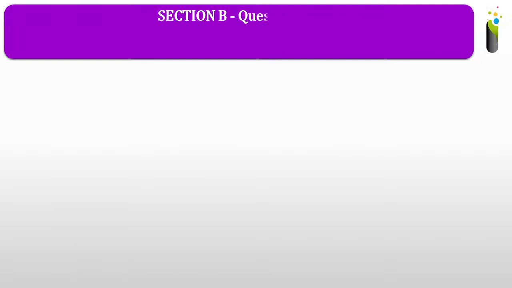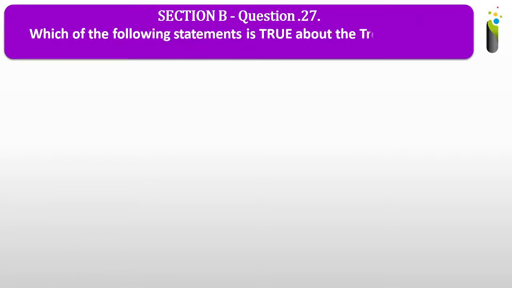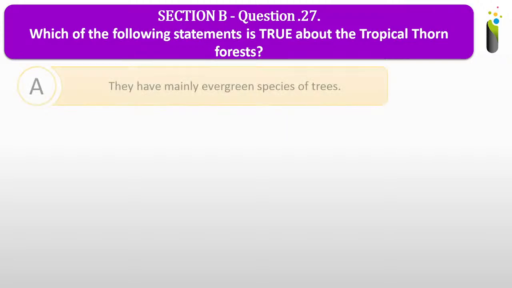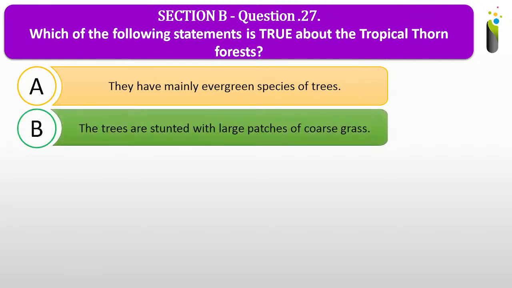We go ahead with question number 27. Which of the following statements is true about the tropical thorn forests? A. They have mainly evergreen species of the trees. B. The trees are stunted with large patches of coarse grass.